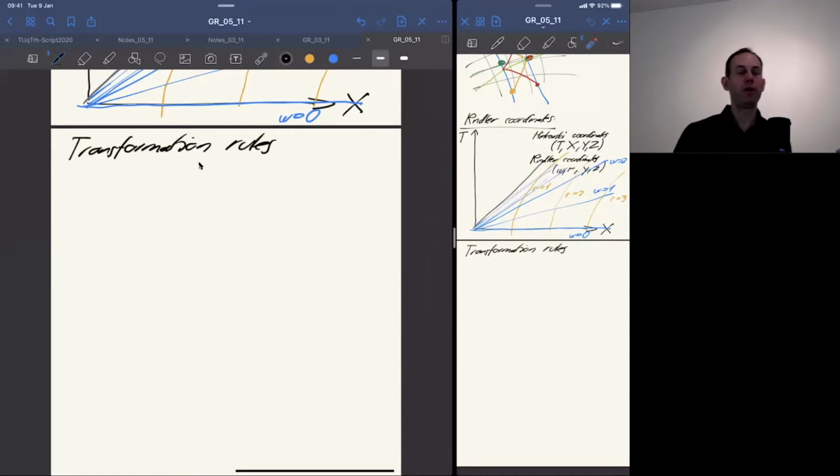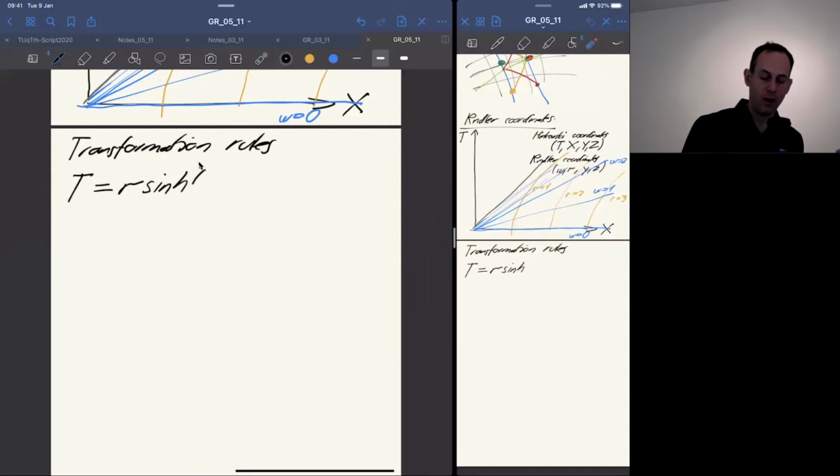So remember, to give a coordinate system, I always need to give a chart transition map. That was what we did for manifolds. And the chart transition map, to go from Minkowski coordinates to Rindler coordinates, I will express in the opposite direction. Namely, if I have a Rindler coordinate, a little r and a little omega, how do I determine t and x?